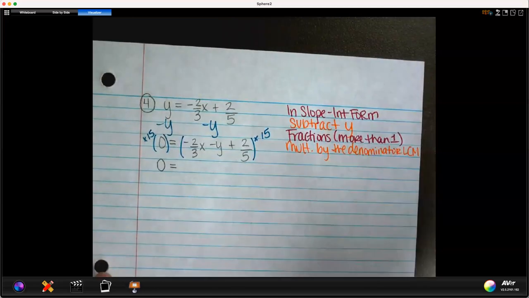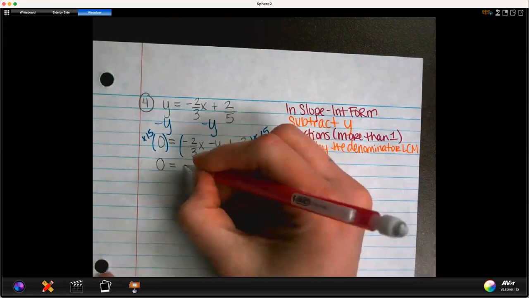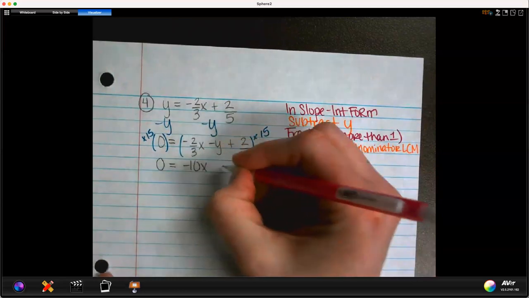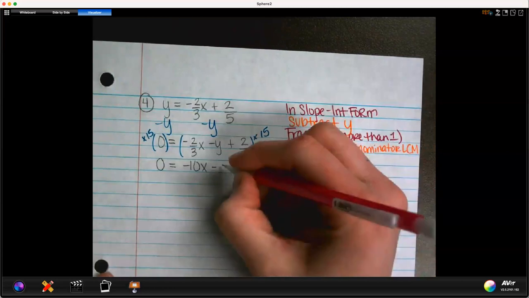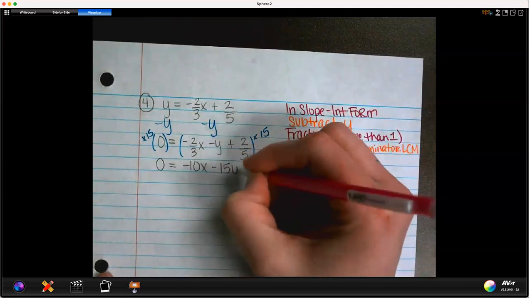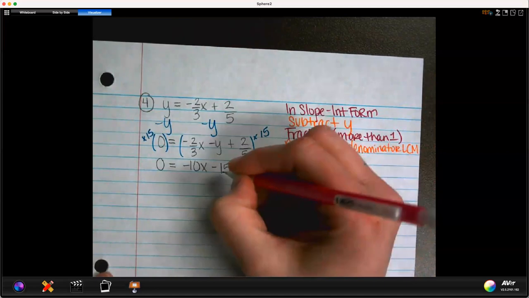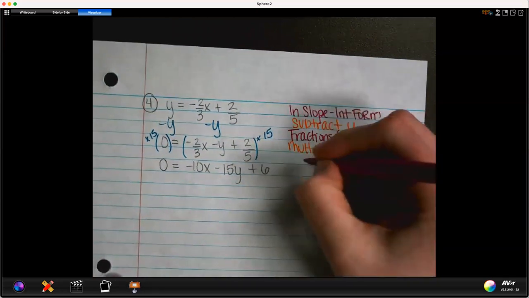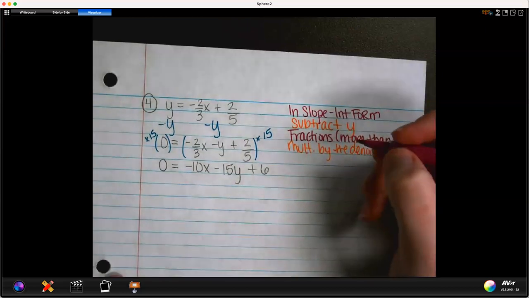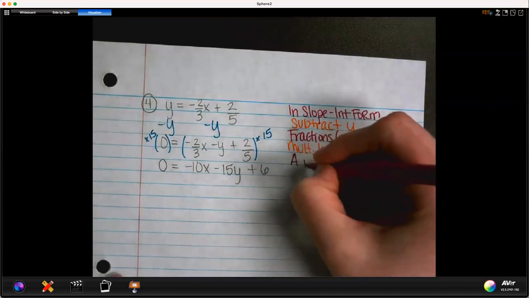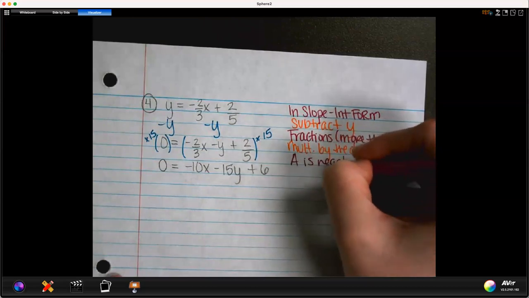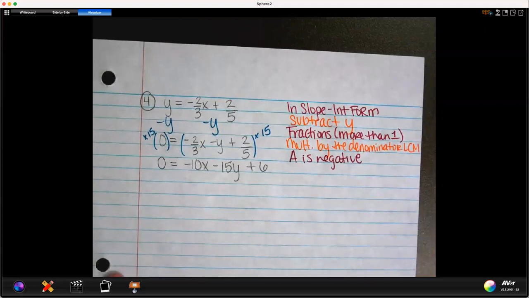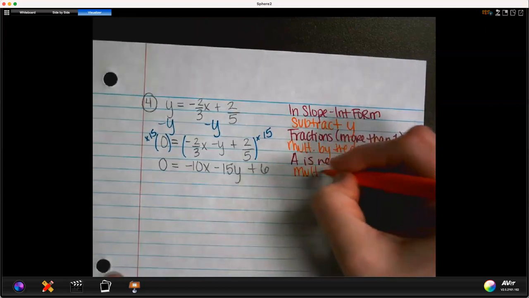So start off, 0 equals minus 15y plus 6. Remember, you have to multiply by each part. Okay, and what's my last issue? I got 2 negatives. What's the issue? A is negative. And to fix that A is negative, we can multiply or divide by -1.